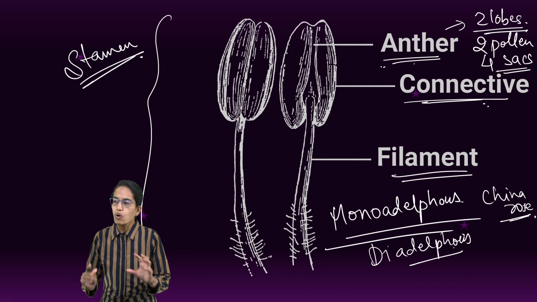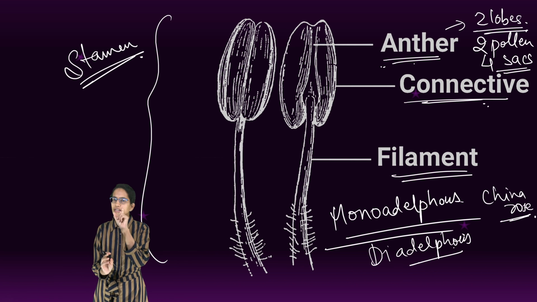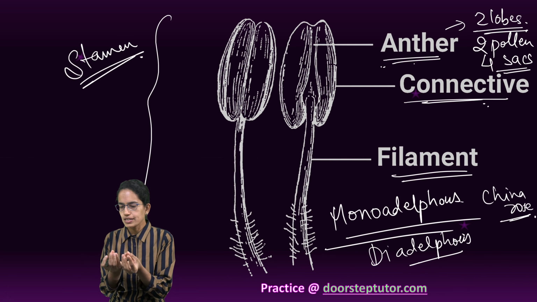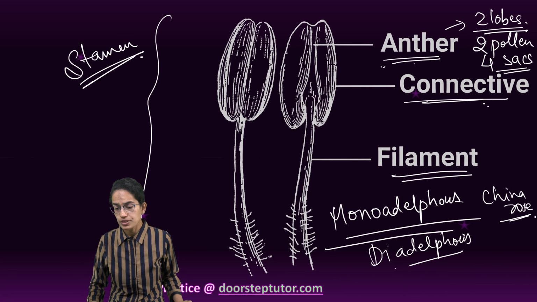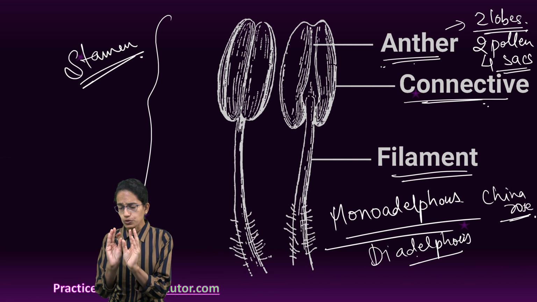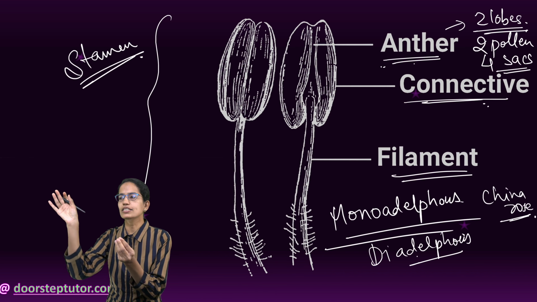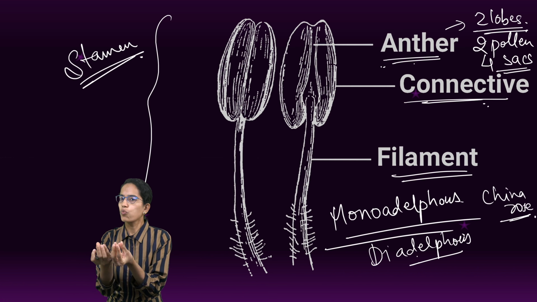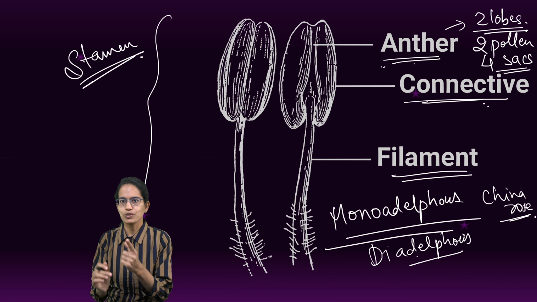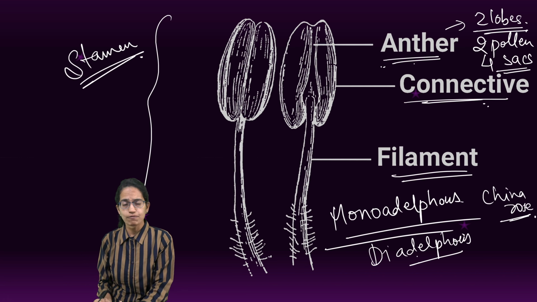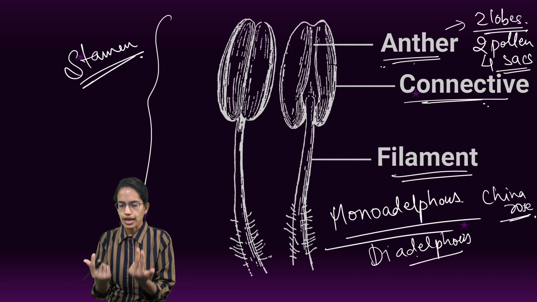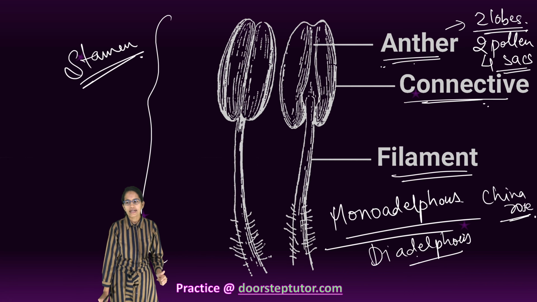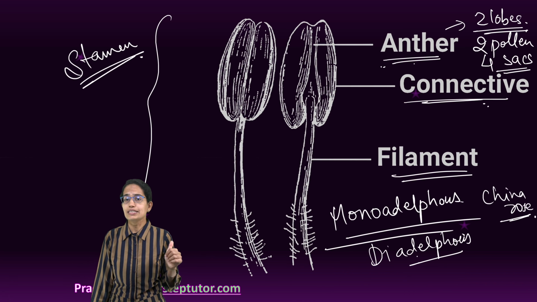Diadelphous is where all the filaments are united not into one, but into 2 different bundles, but the anthers on the top would remain free for each of those. On the bottom, they are one tube. So one tube in the case of monoadelphous, 2 tubes in the case of diadelphous. Monoadelphous, good example, China rose. Diadelphous, good examples, pea and sesbania.